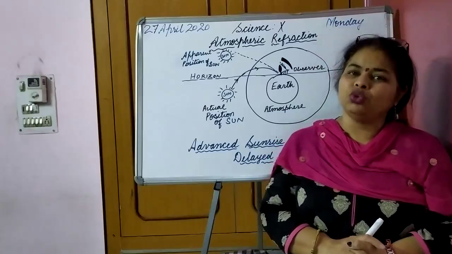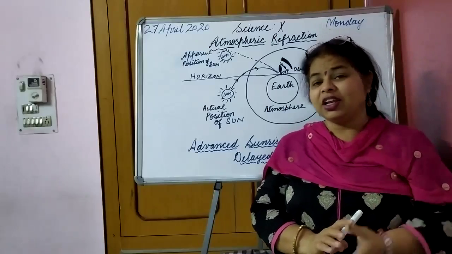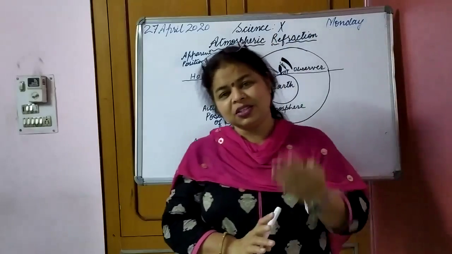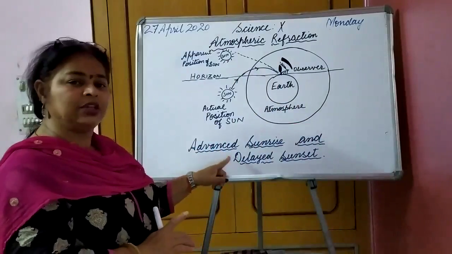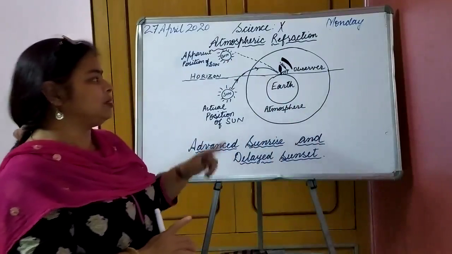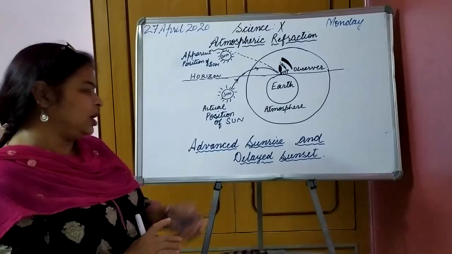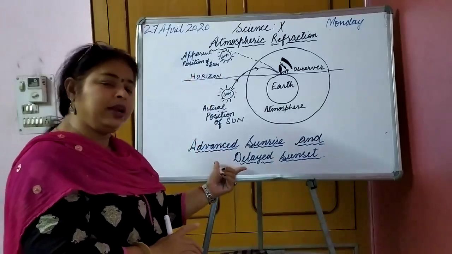So it is 2 minutes. And how much additional daylight are we getting every day? That is 4 minutes, because of 2 minutes earlier sunrise and 2 minutes later sunset. Okay, so this is about the concept of atmospheric refraction showing advanced sunrise and delayed sunset.